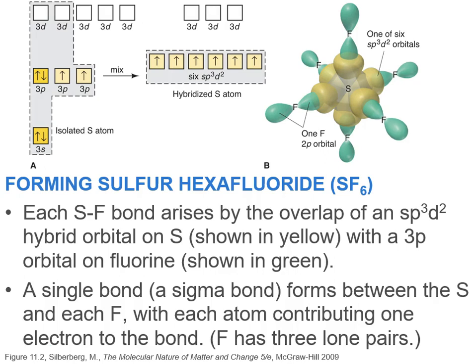These are sp3d2, shown in yellow, and the sulfur has 6 of these, which explains why it has the octahedral molecular shape. Then each of these 6 fluorines contributes 1 unpaired electron, and the other electrons in fluorine are the lone pairs. So this forms sigma bonds, single bonds, and it results from the end-to-end overlap between a 2p orbital on the fluorine and the sp3d2 on the sulfur.